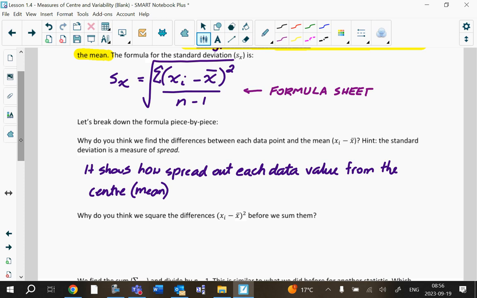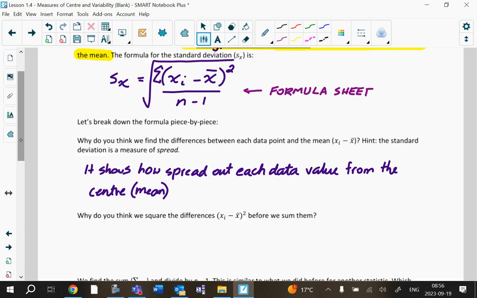Because the lower numbers, like what's the smallest one? 39,000. If I found the spread from that, I'd do 39,000 minus 50,100, I'd get a negative number. If I averaged all those negative numbers and positive numbers out, I'd get 0, which is kind of useless. That means the standard deviation would always be 0, and that just doesn't make any sense.